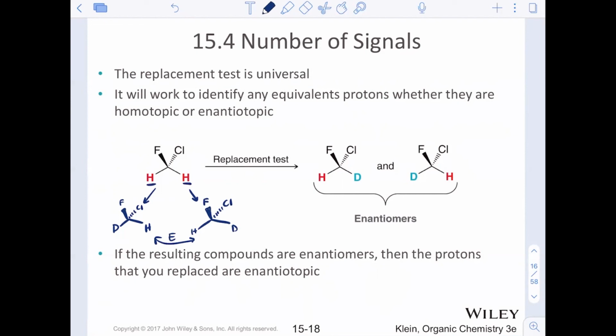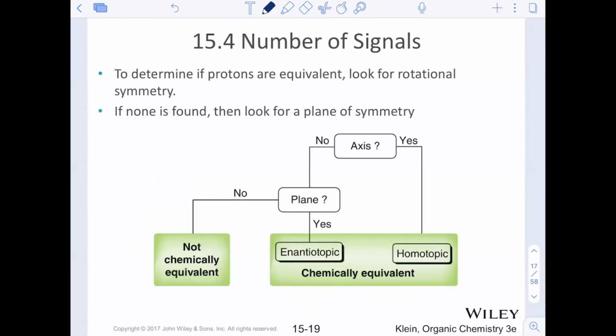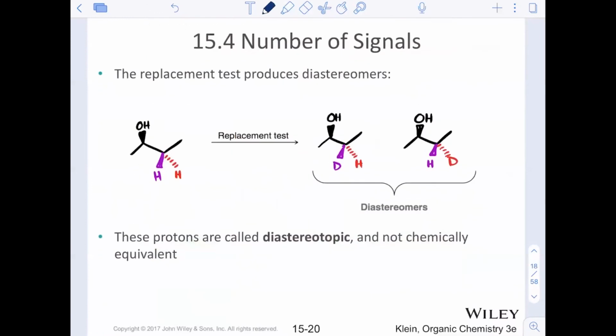If the resulting compound was superimposable, like we saw previously, that's homotopic. If the resulting compounds are enantiomers, enantiotopic. Still chemically equivalent, right? Whether you have an axis or a plane of symmetry. If neither of those relationships exist, then you have a diastereotopic or non-chemically equivalent set of protons.